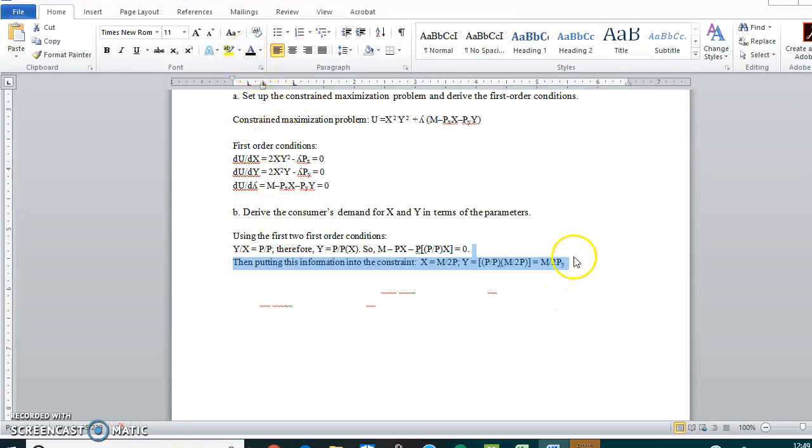Then, when we put this information into the constraint, we get x equals m over 2p, and y equals p over p times m over 2p, which means that it's the same as m over 2p subscript y.